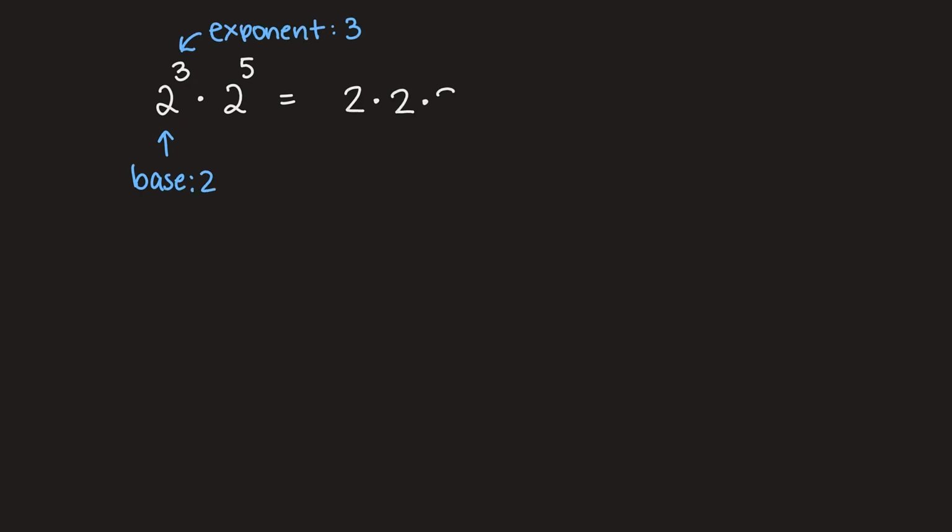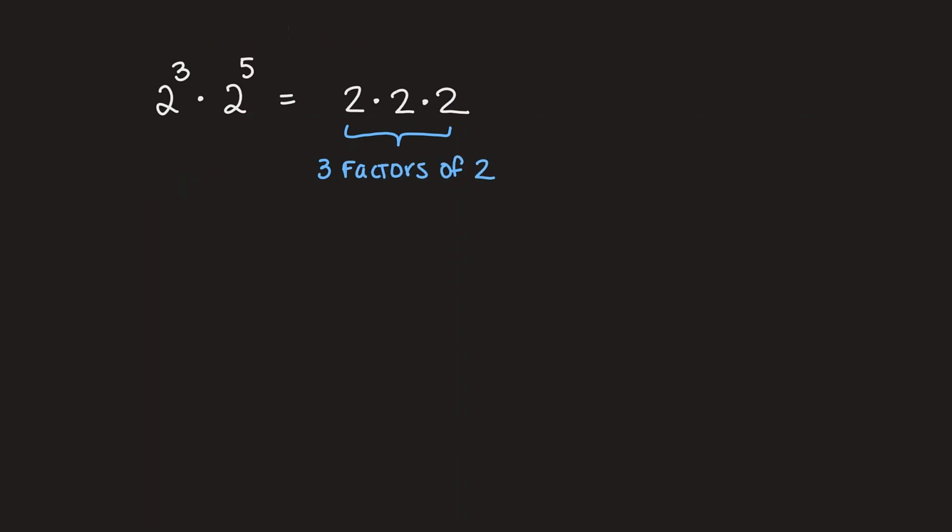Suppose we have 2 to the 3rd times 2 to the 5th. For the first factor, we have a base of 2 and an exponent of 3. Therefore, we will have 3 factors of 2. And the same applies for the second factor, where we have a base of 2 and an exponent of 5.